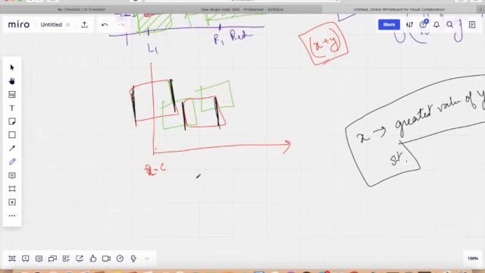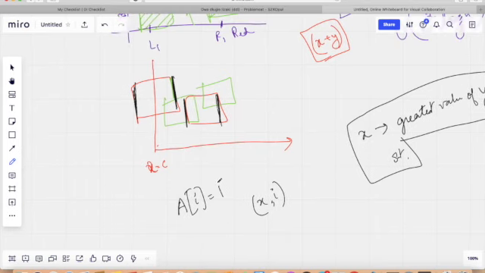In one segment tree, it's basically like an identity array where the underlying array of the segment tree, let's call this a of i, equals 1 if the coordinate x comma i is green at that point, and similarly we say that b of i is 1 when x comma i is red at that point.